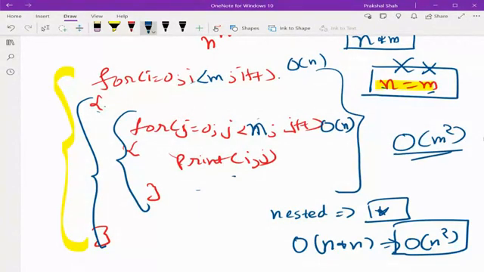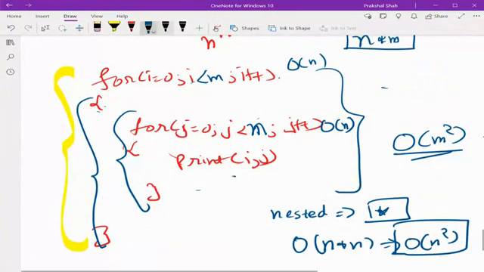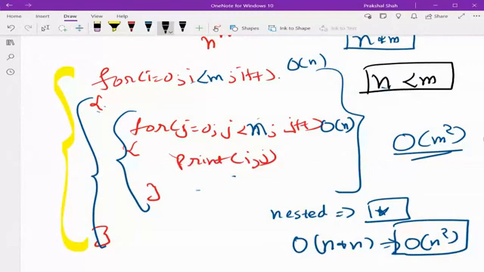Okay, so Dipanshu is asking, guys, please tell us, if you have a complexity like this, a condition like this, what will be your answer? This is my n, this is my m. This is a very good example, by the way. Dipanshu, very nice, you observed that.